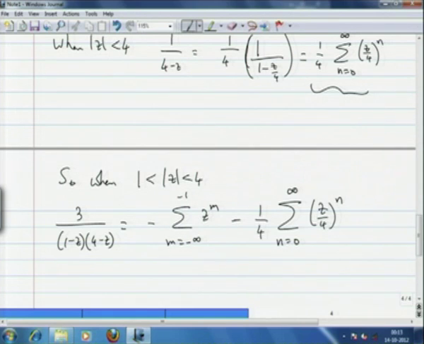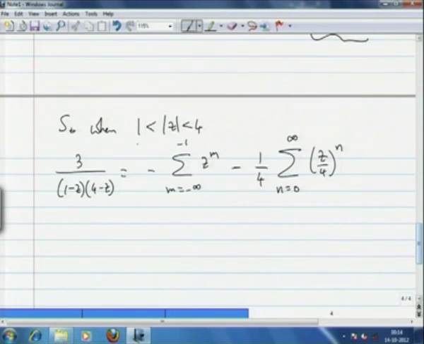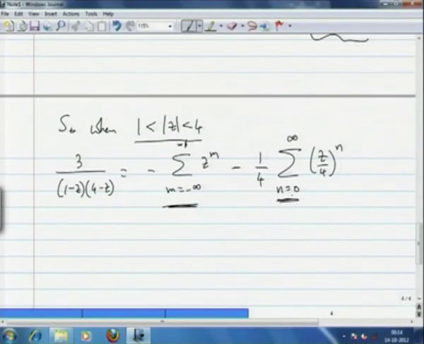You see that in the common region, one of the indices is running through the negative integers from minus 1 forever, and one of the indices is running in the positive direction through the non-negative integers n equals 0 through infinity. So, we have a series which is double ended.